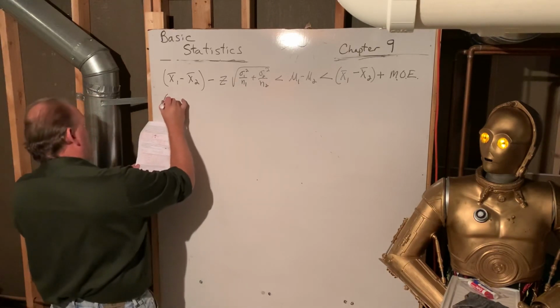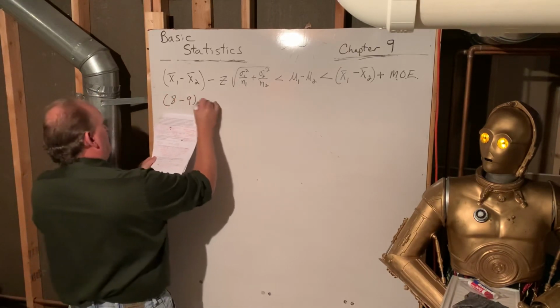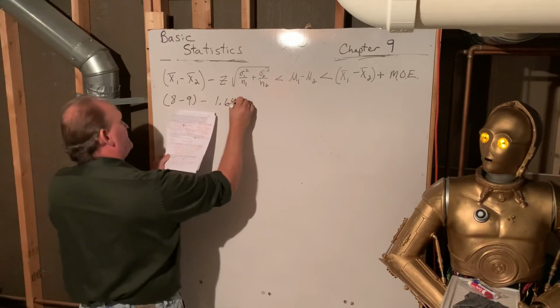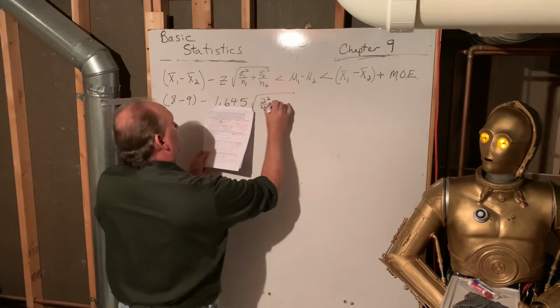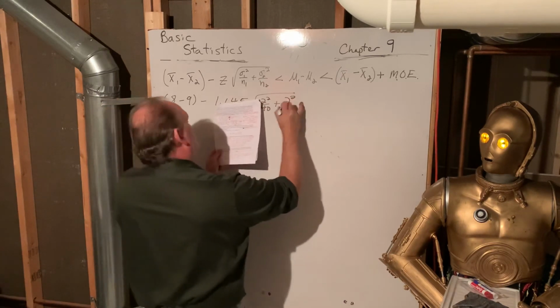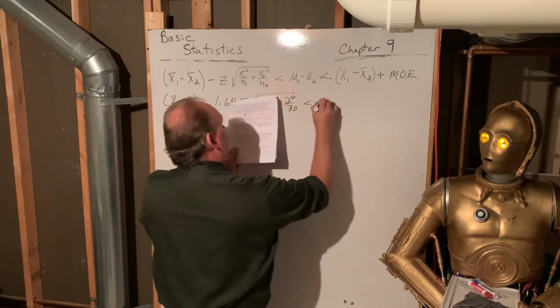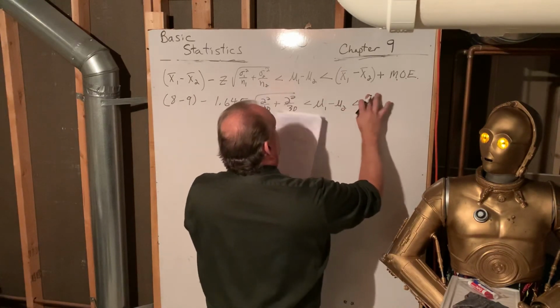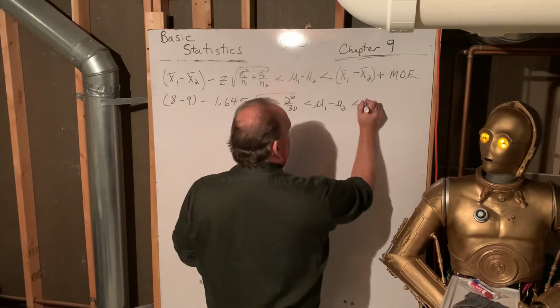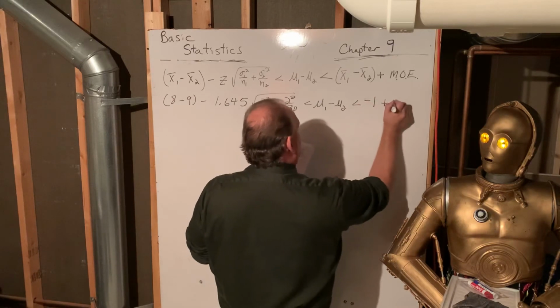So, okay, let's put in the info. 8 minus 9 minus 1.645 times the square root of 2 squared over 40 plus 2 squared over 30 is less than mu1 minus mu2. It's less than 8 minus 9, which is minus 1, and then we're just going to say plus.